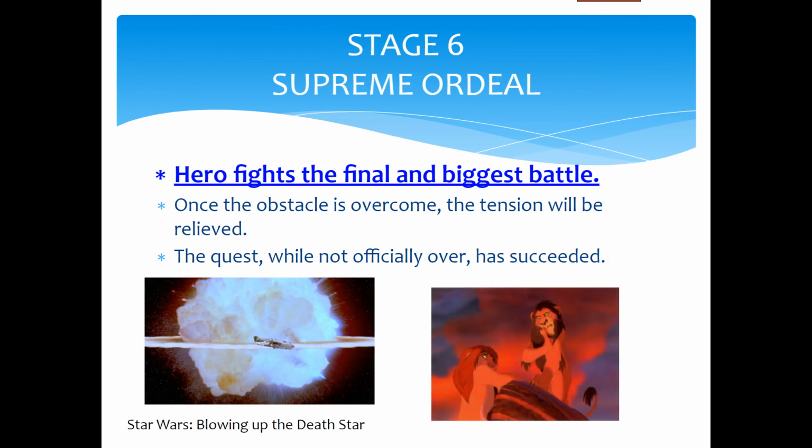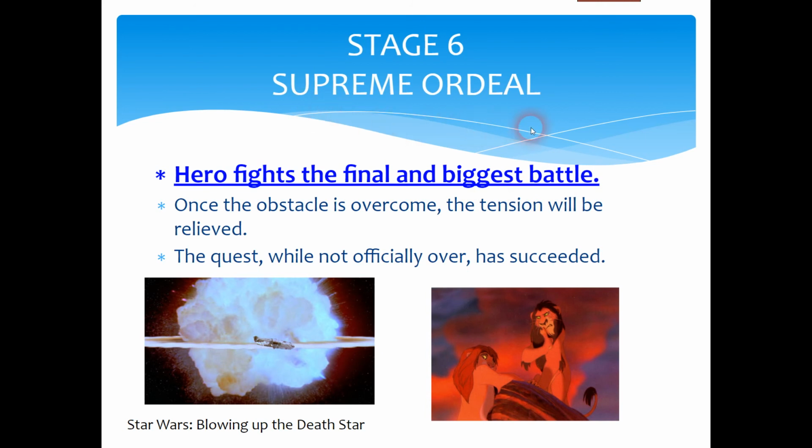Number 6, the supreme ordeal. Ordeal means challenge as well, or big job. The hero fights the final and biggest battle. Very much like the final boss in a video game. Percy will eventually fight a big final boss type battle. Video game boss battle.